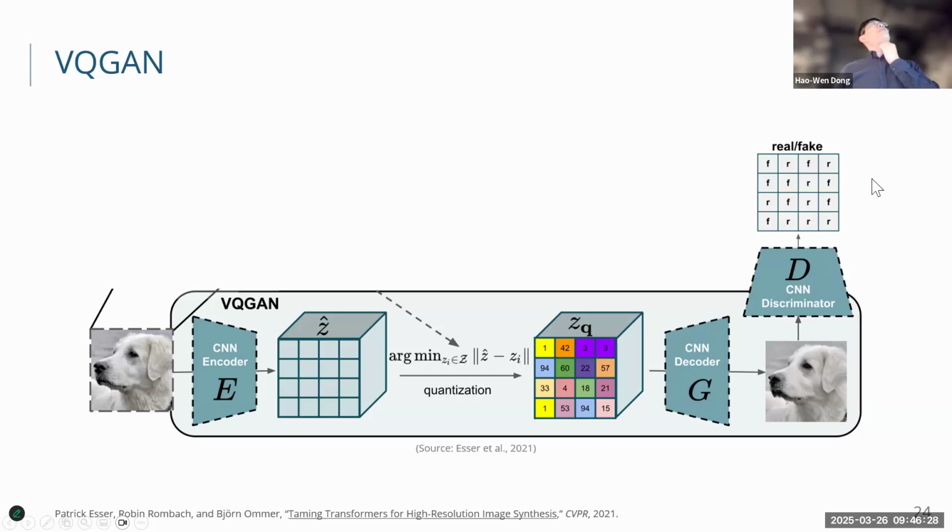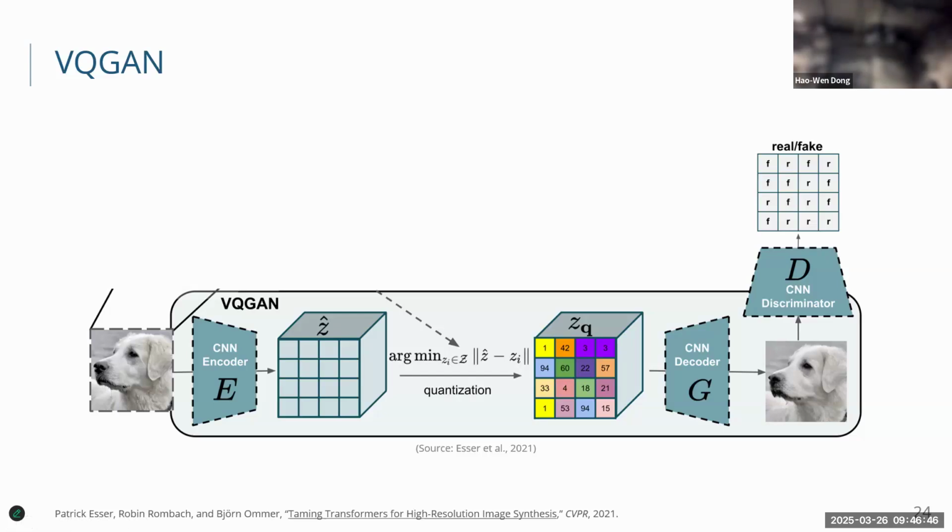The key reason why this is working so well is that it adds a discriminator at the end. And this discriminator is different from the discriminator we know in GAN. Now this is doing this patch discriminator thing. So it's looking into the tiny chunk.